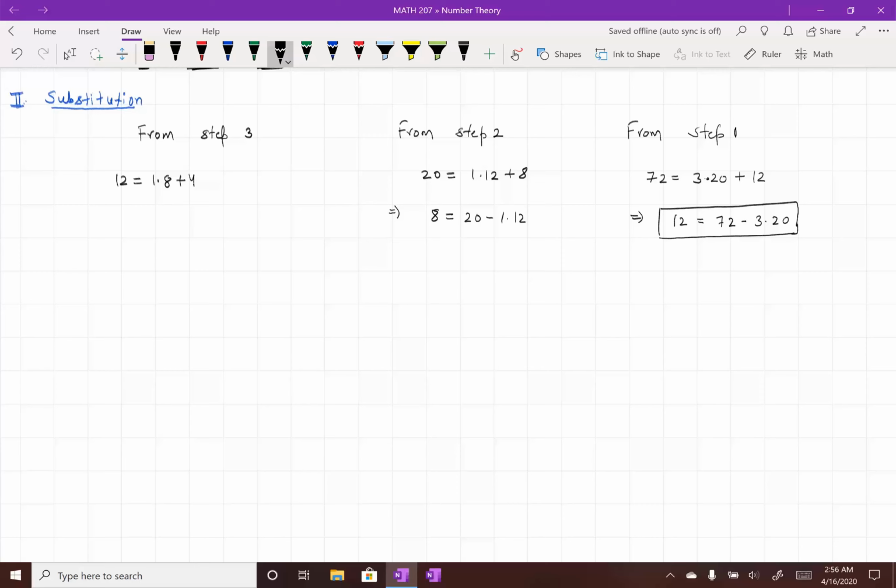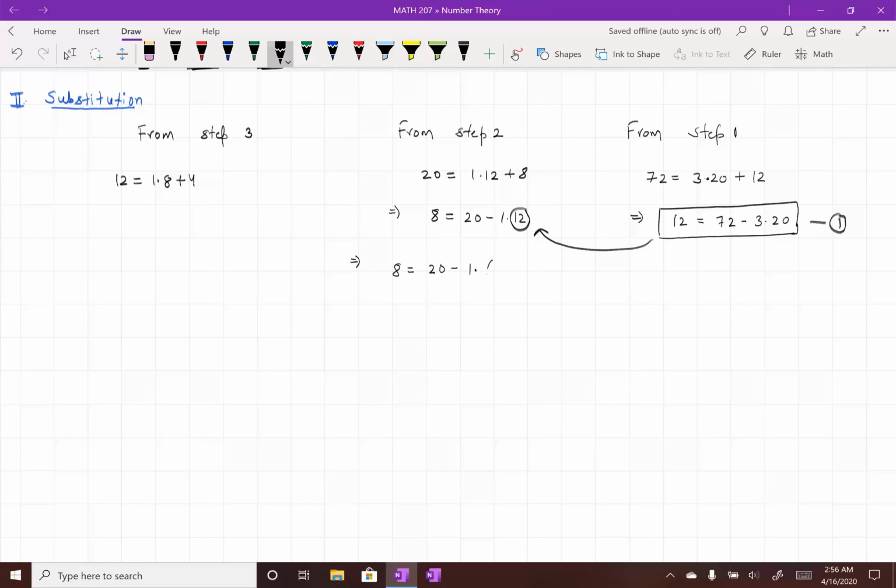Okay. And since 12 already has a value from equation 1, you can substitute that value for this 12 here.